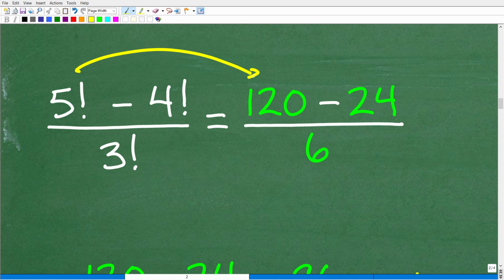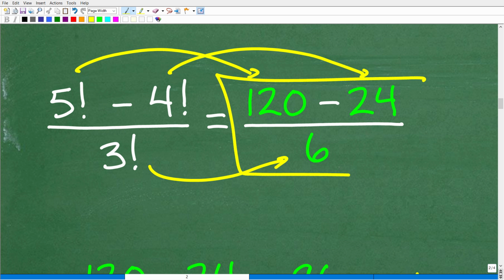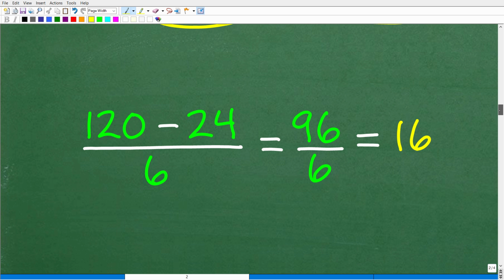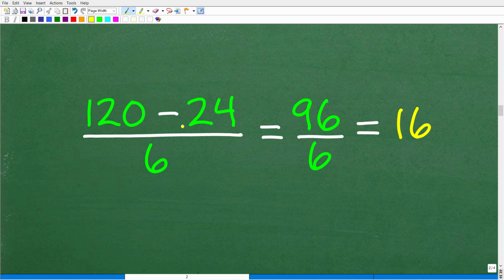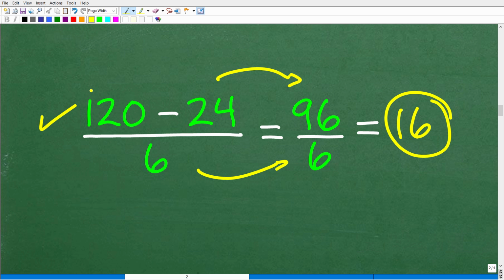So 5 factorial is 120, 4 factorial is 24, 3 factorial is 6, and then we're just going to simplify this lovely fraction here. So we have 120 minus 24 is 96. 96 divided by 6 is 16.